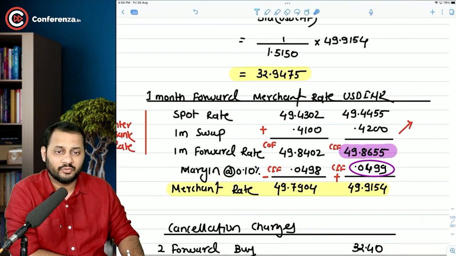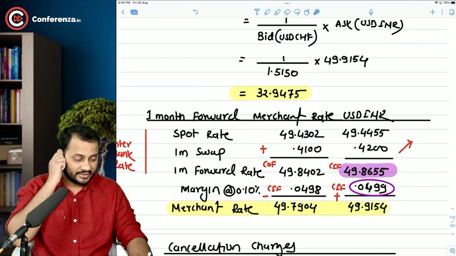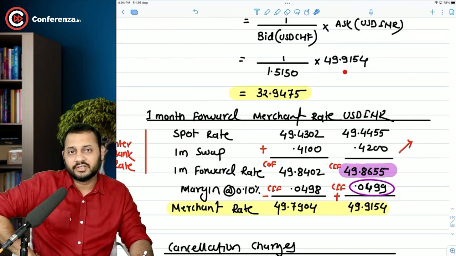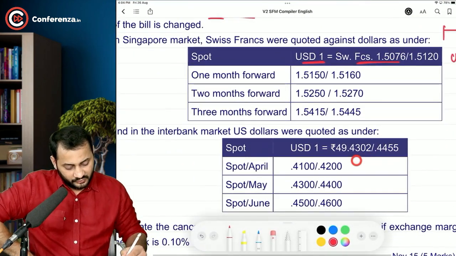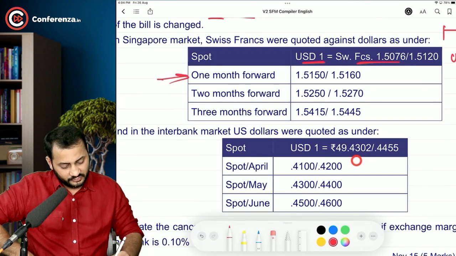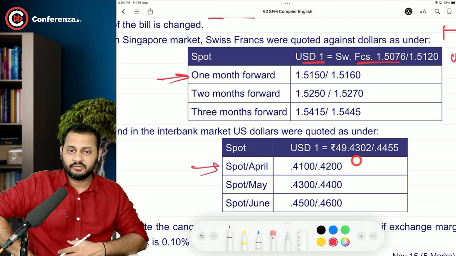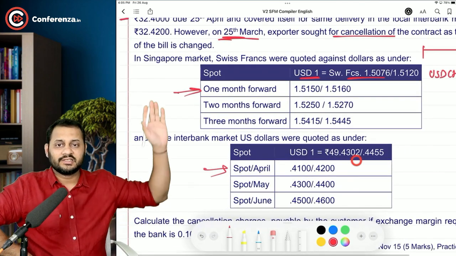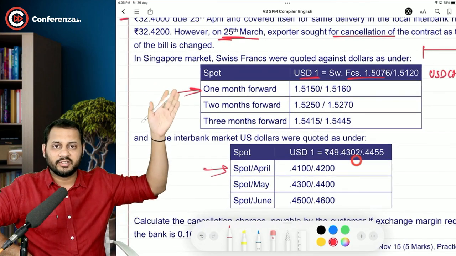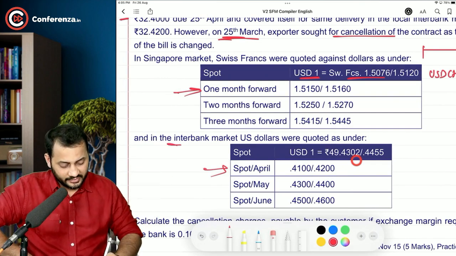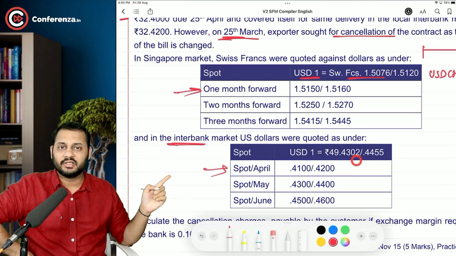But the question is how to calculate the ask rate of USD INR. We need 1 month forward. In the Singapore market, Swiss francs were quoted against the dollar, and in the interbank market, US dollars are quoted against rupees.